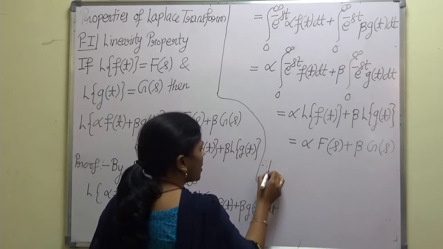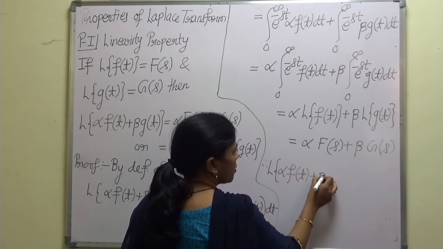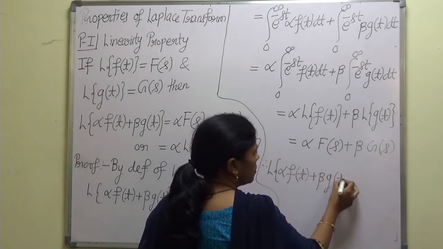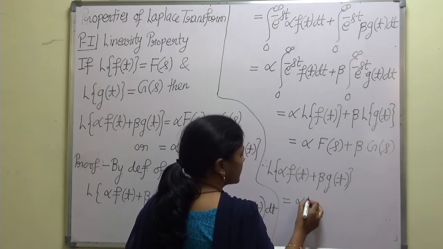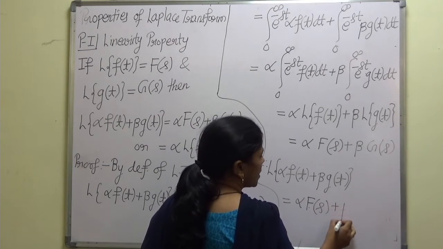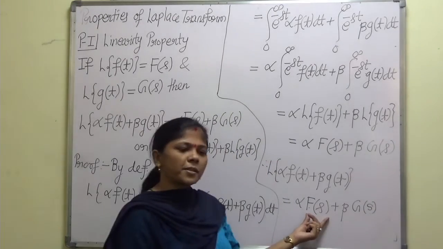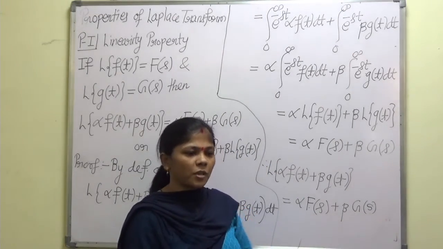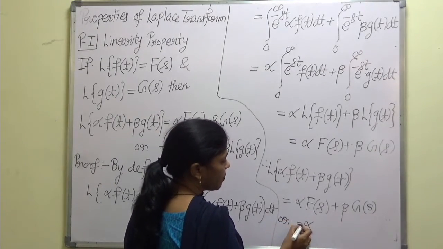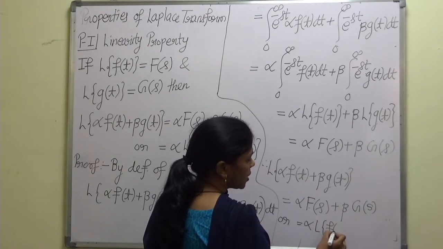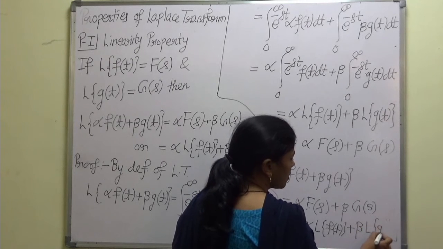So therefore what we are getting? Laplace of alpha f of t plus beta g of t is equal to alpha times f of s plus beta times g of s. Okay, so this is Laplace of f of t, Laplace of g of t, right? Or this is equal to alpha times Laplace of f of t in another notation plus beta times Laplace of g of t.